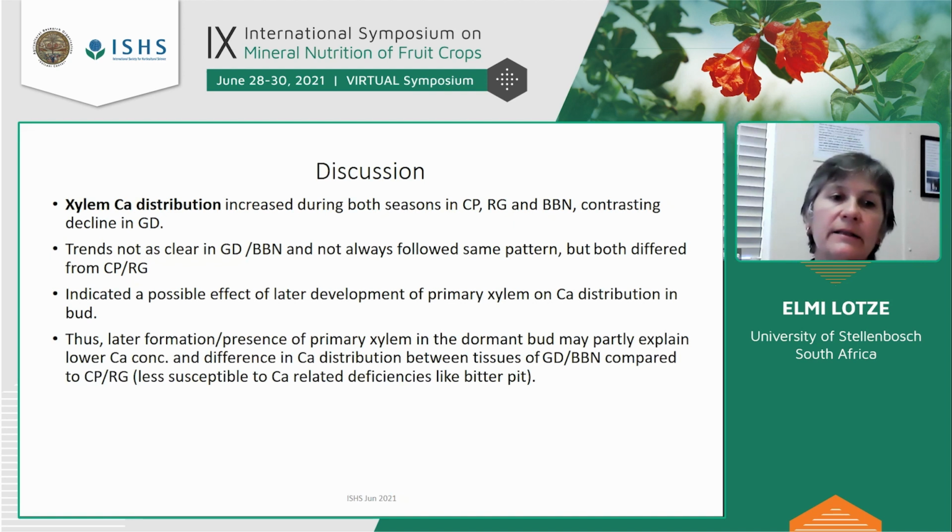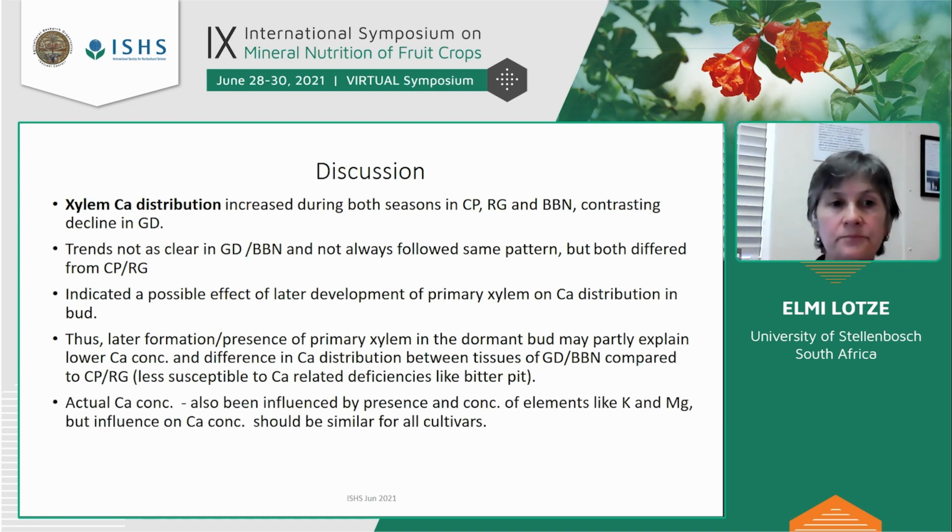Thus, we can say that the later formation or the presence of the primary xylem in the dormant bud may partly explain the lower calcium concentration and the difference in the calcium distribution between the tissues of the Golden Delicious and the Brabant, which were more sensitive towards bitter pit initiation compared to the Crips Pink and the Royal Gala that are less susceptible to calcium-related problems and deficiencies like bitter pit.